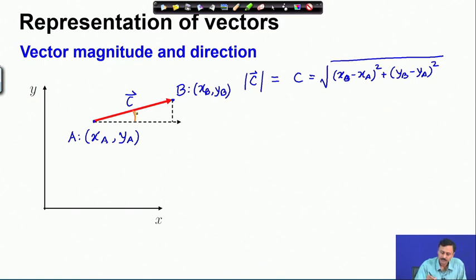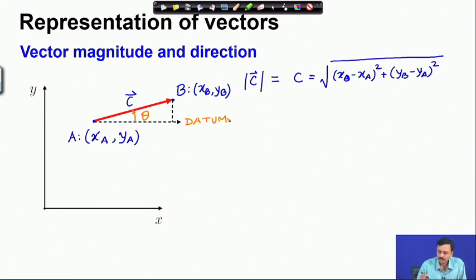Next, the direction. So, direction is represented by the angle that this vector makes with one of the axes. So, here I am considering the x axis as my datum, and I am measuring all angles from this datum.